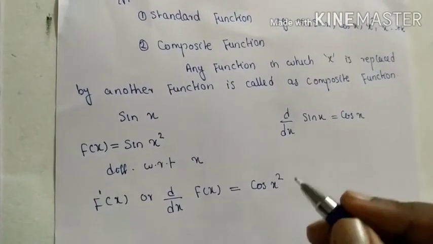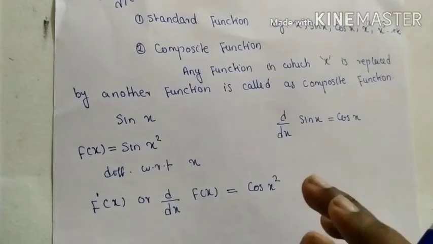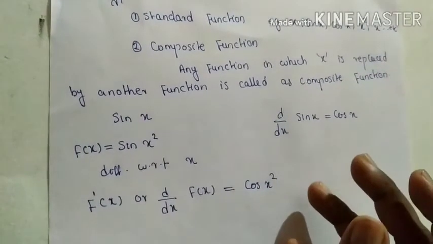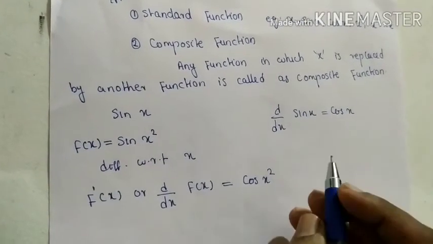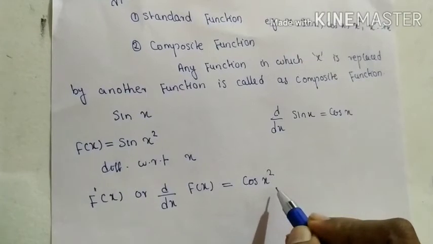So what is the difference between a composite and a standard function? We have used the same formula. The difference is that for the part which is replacing x, we will multiply by the derivative of that.